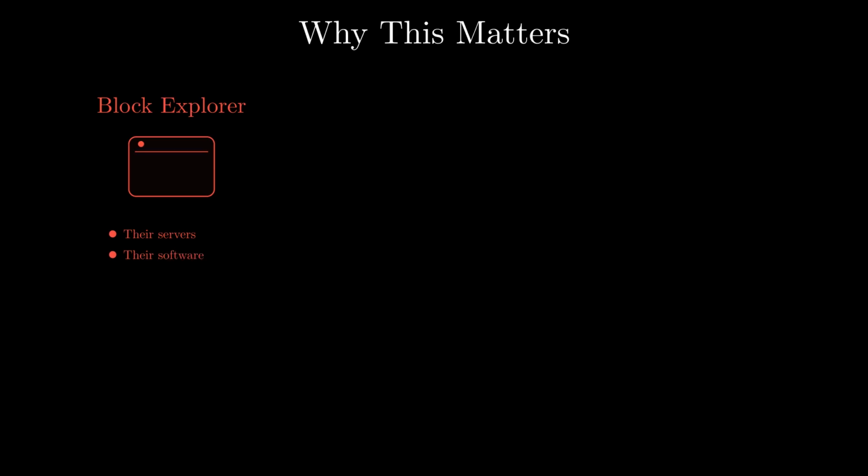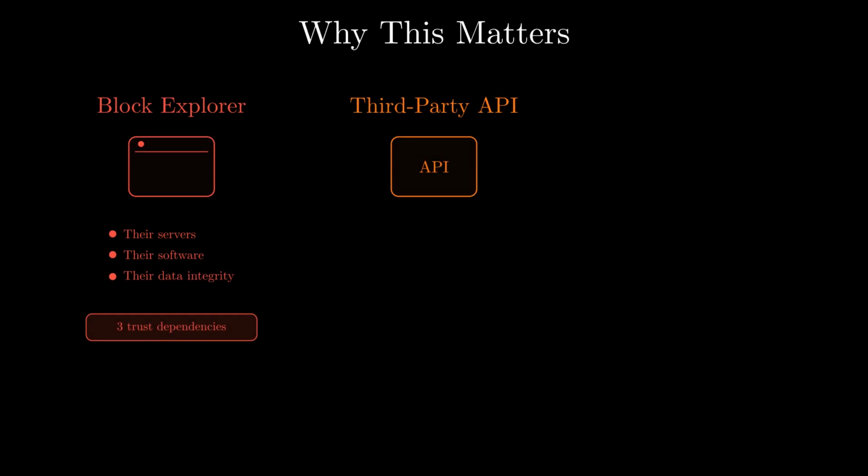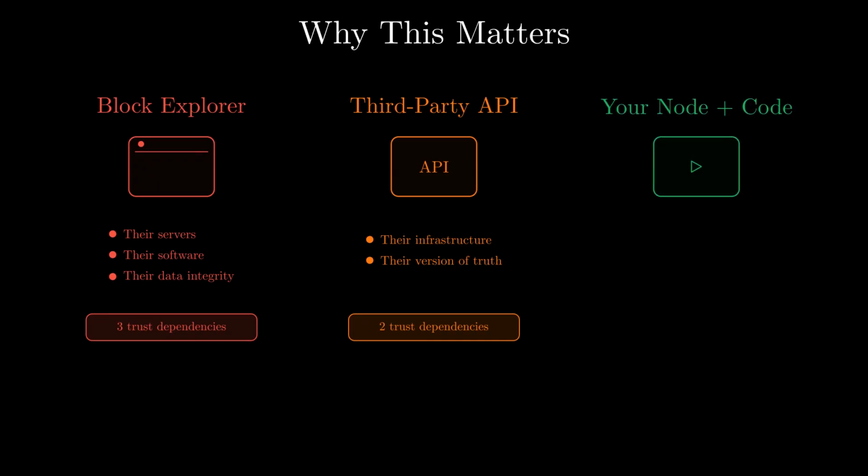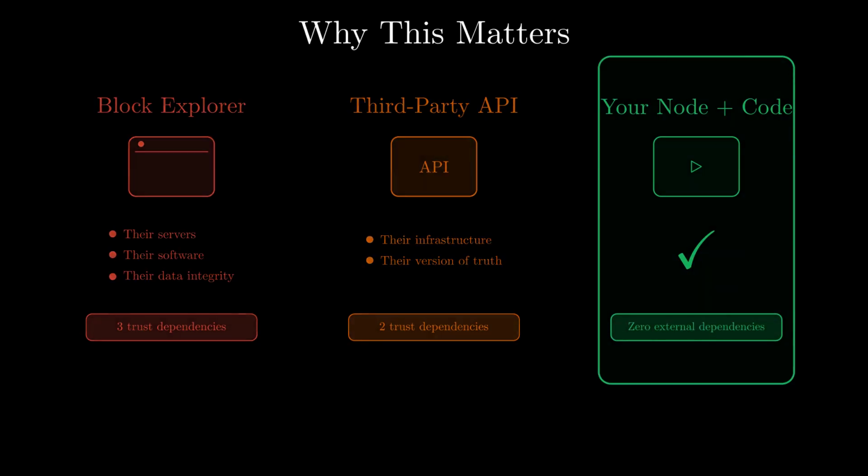Here's why all of this matters. When you query a block explorer, you trust that company's servers, their software, their data integrity. When you call a third-party API, you trust their infrastructure and their version of the truth. When you run your own node and query it with your own code, the trust model collapses to 0 external dependencies. Your hardware stores the blockchain.